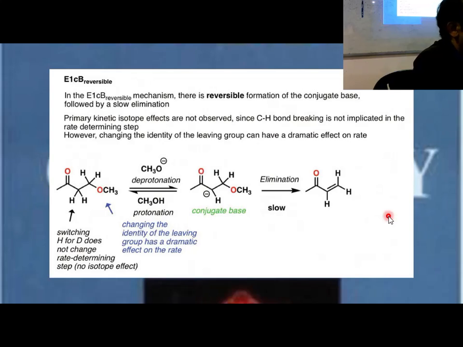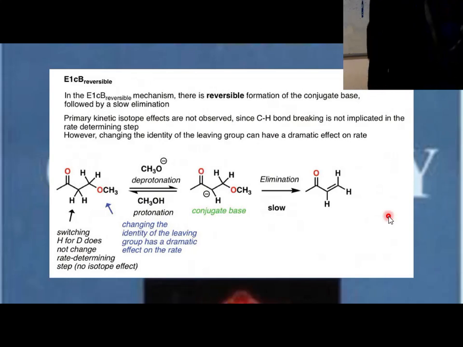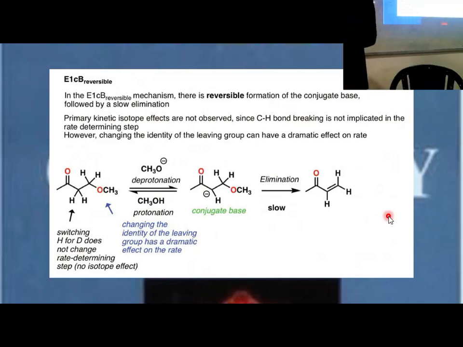It is so strong that even before the formation of the carbocation, it is abstracting the proton. I am giving you the example. You will understand. This is the base, and you have some alkyl halide.